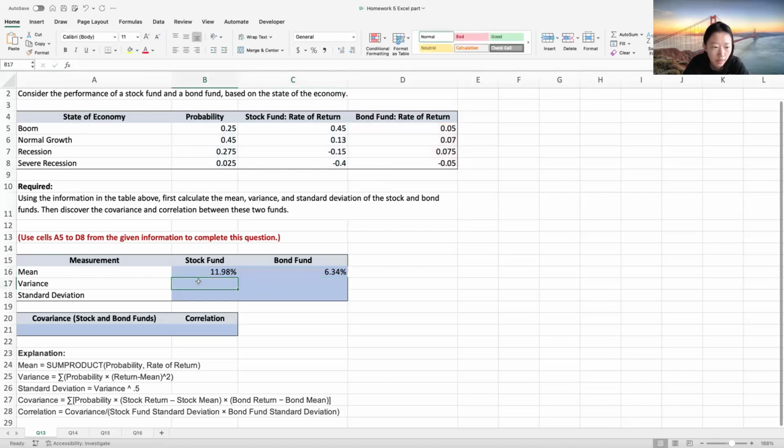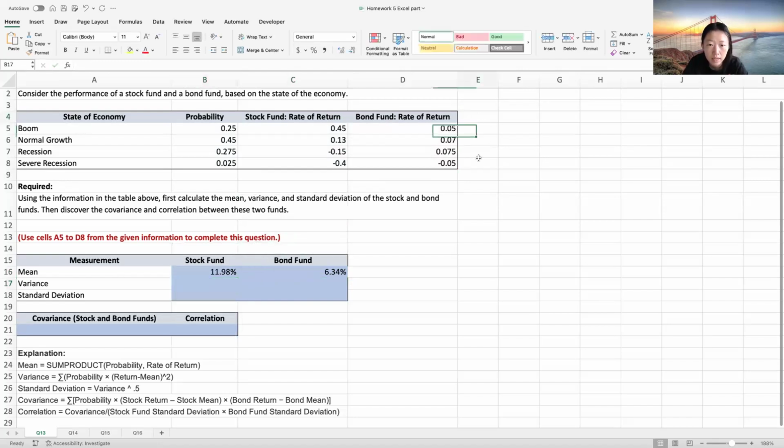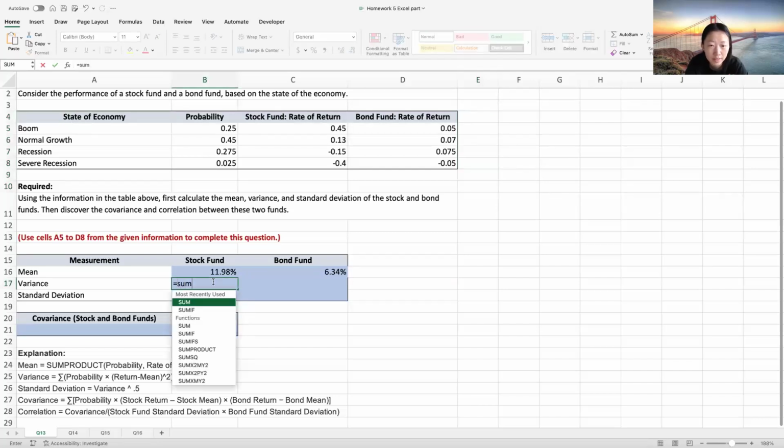And the variance will be equal to SUM. For the variance, we practiced this column by column last week. Here I'm just going to use one single formula instead of calculating step by step.